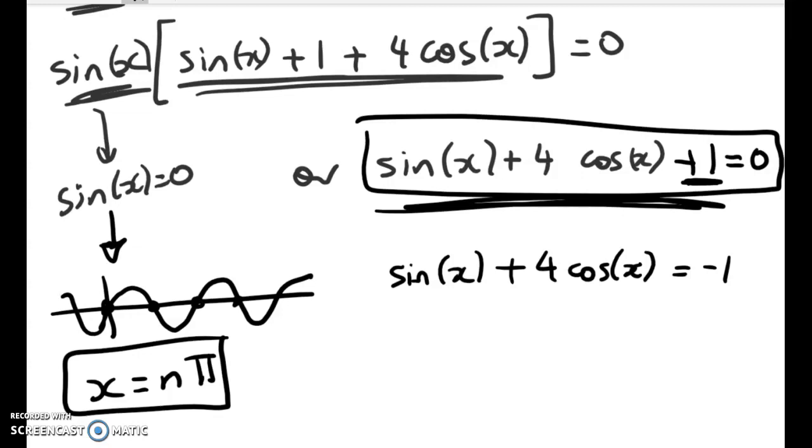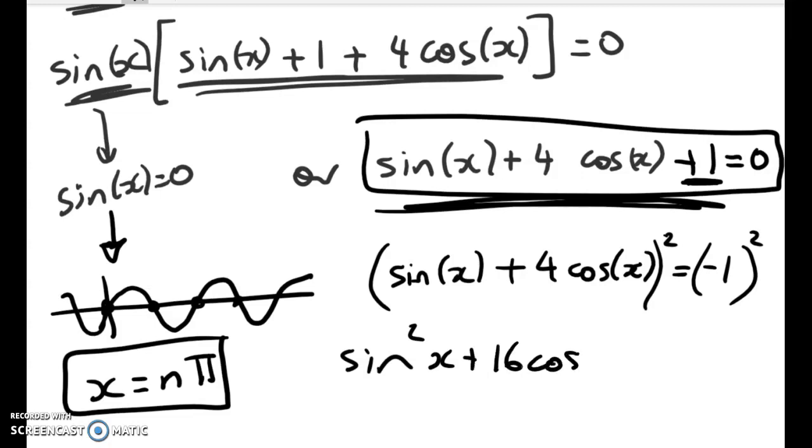Okay. If I square it, I'm going to be able to use the Pythagoras identity and have some leftover stuff. So let's see what happens when we do that. We're going to get sine squared x plus 16 cos squared x plus 8 sine x cos x is equal to 1.